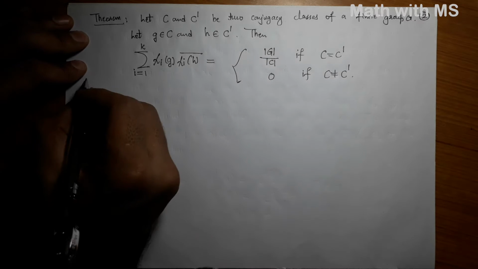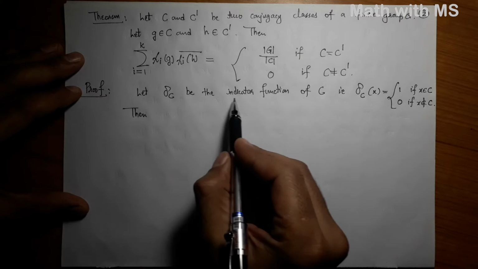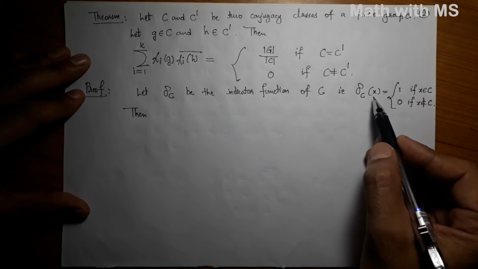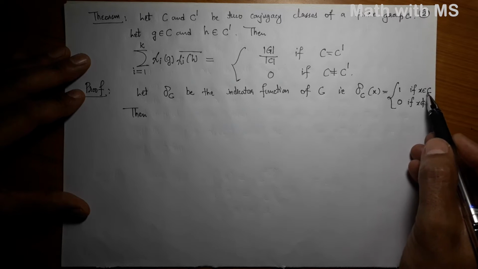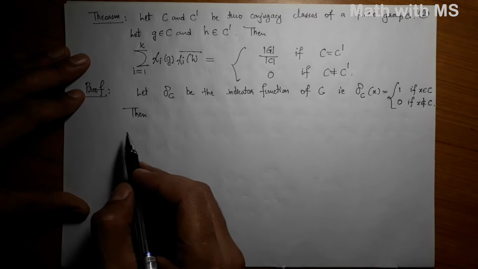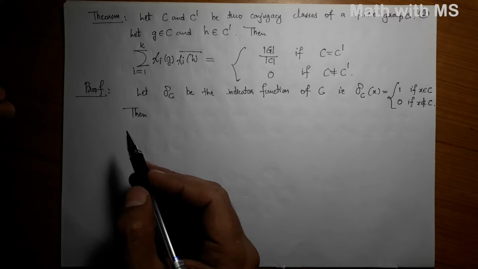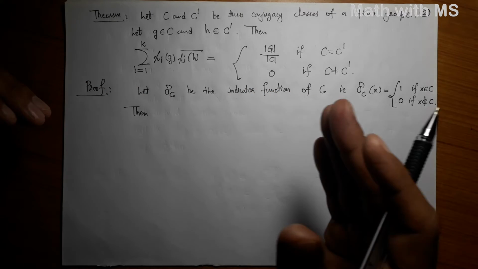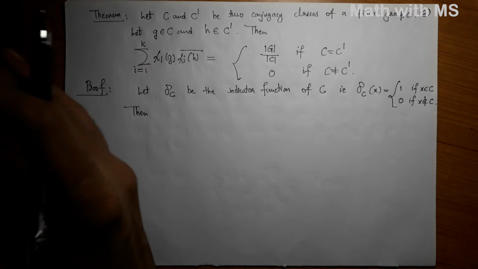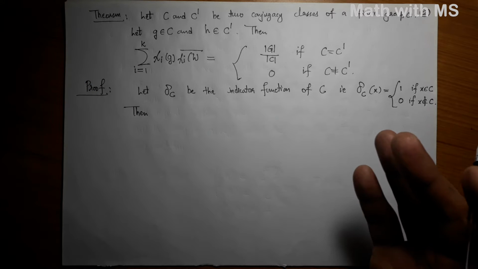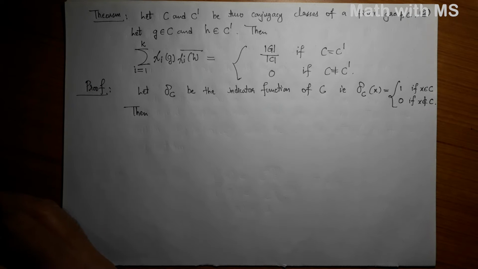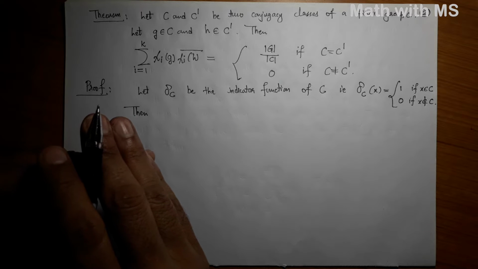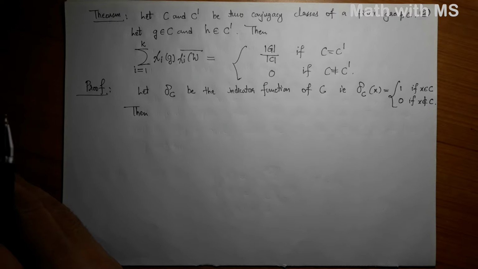So let's prove it. Let delta C be the indicator function of a conjugacy class C, that is delta C of x is 1 if x is in C and 0 if x is not in C. Recall that if chi 1, chi 2, up to chi k and C1, C2, up to Ck are the irreducible characters and the conjugacy classes of your group respectively, then both of them are orthonormal bases for the center of the group algebra.